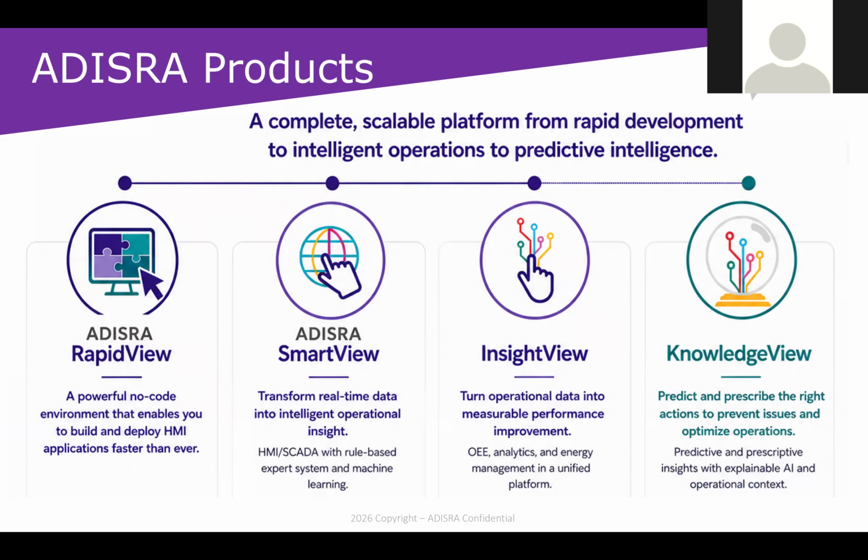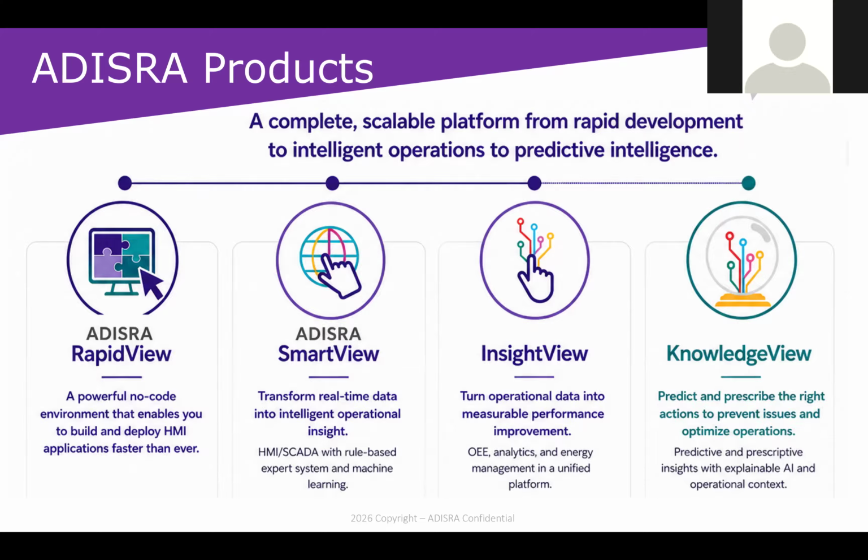This slide just shows how our products fit together. We're going to only focus on ADISRA SmartView, but you can see here that we have other products available. ADISRA RapidView enables HMI development, especially for OEMs that want an application built in the runtime environment. It's template based and allows you to not go into the development environment if you want to build an HMI screen. ADISRA SmartView is what we're going to cover today.